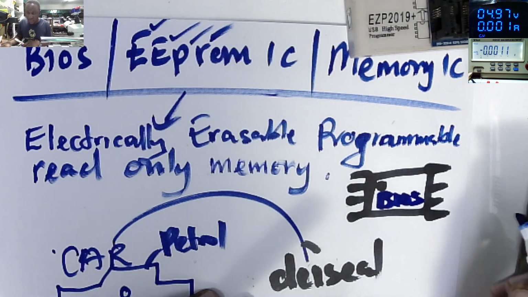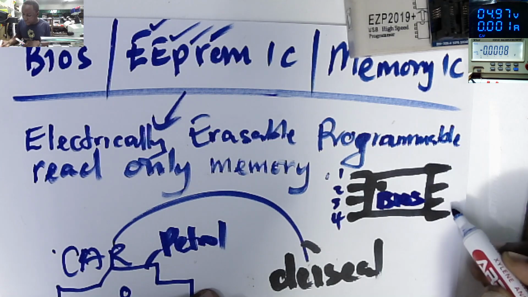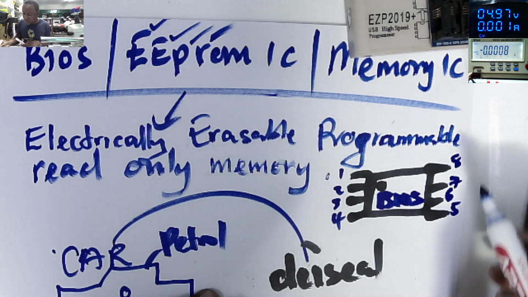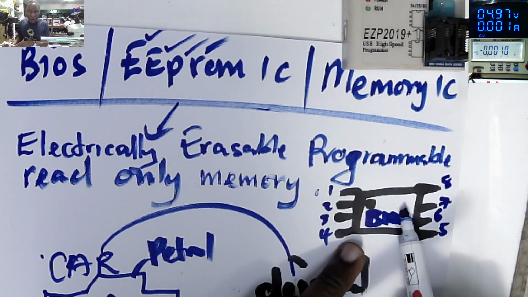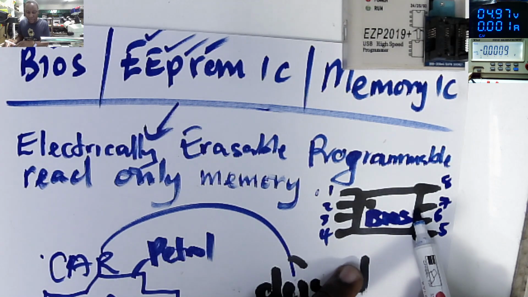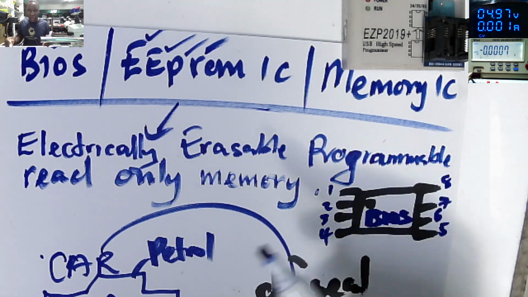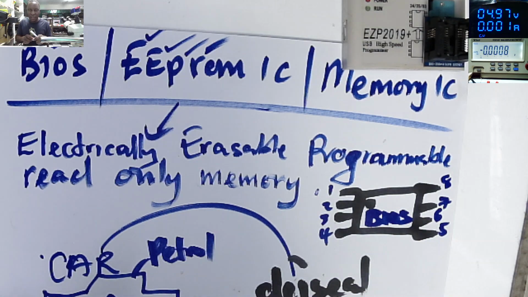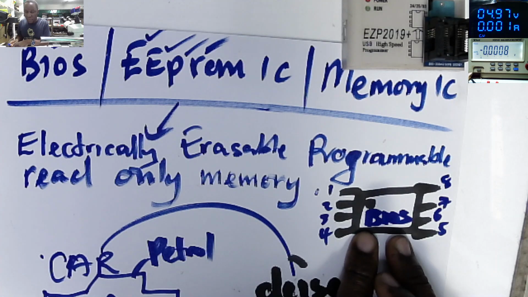Here we have pin number 1, 2, 3, 4, 5, 6, 7, 8. That's our BIOS, or our EPROM IC. If the firmware inside this chip is corrupt, on TV boards maybe your TV will come on but not display, or start misbehaving, or the remote is not properly functioning. You have to reprogram this chip.